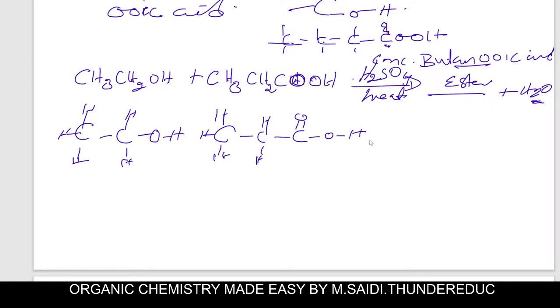Now, how does the reaction occur? Why is this sulfuric acid there? It's acting as a catalyst. I don't show you all the mechanisms, because here you just need to know how they combine.